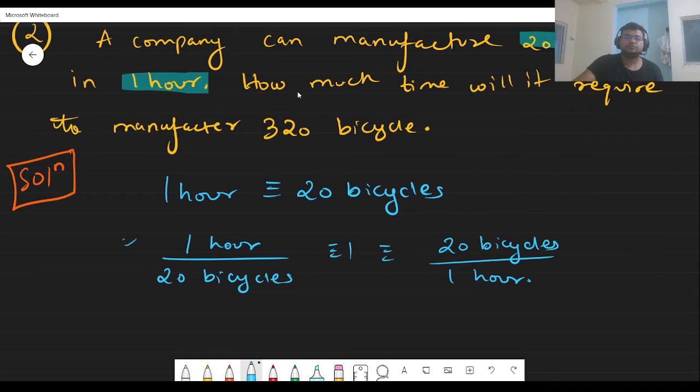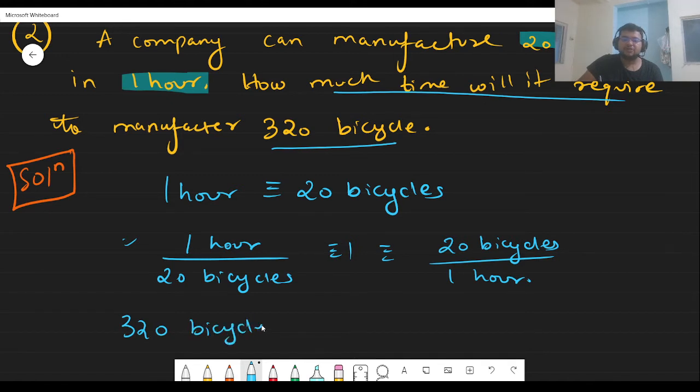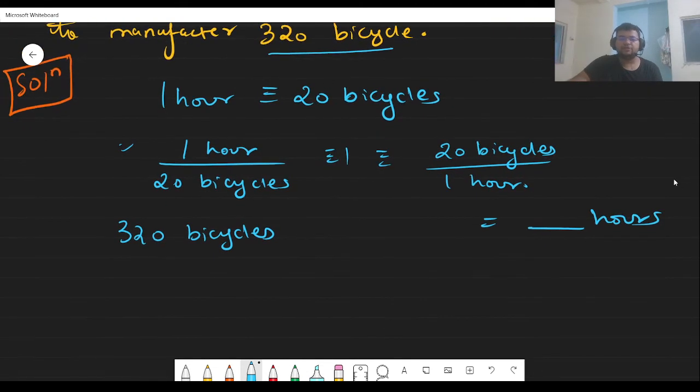Now see, it is asking us how much time will it require to manufacture 320 bicycles. What we have to do here is convert the 320 bicycles into time, that is hours, and our answer will be in hours. So how will we do it?